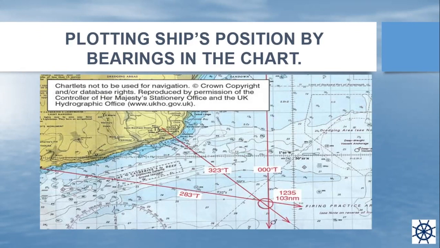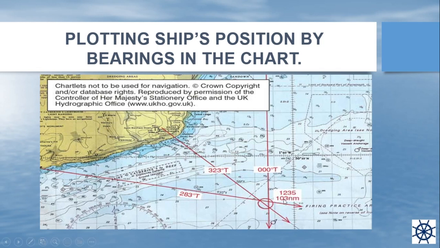Okay, on this example, plotting ship position by bearings in the chart, as you can see, there are three bearings. The 283 coming from the reference point or the terrestrial land, 323 degrees true, and the northerly or north 000 degrees true.